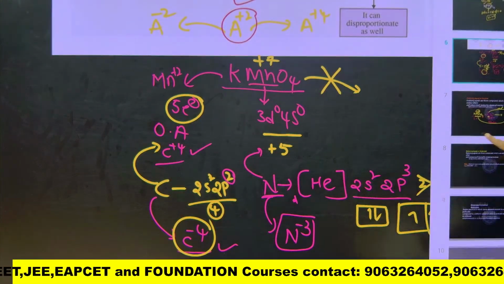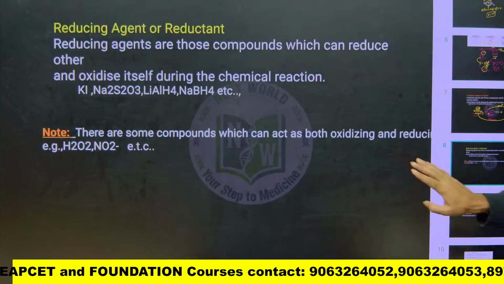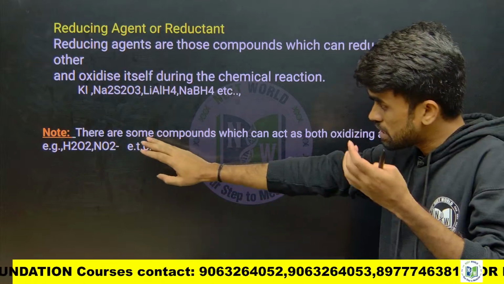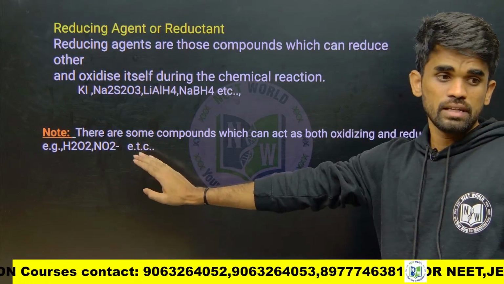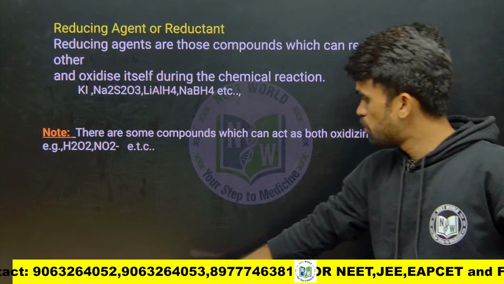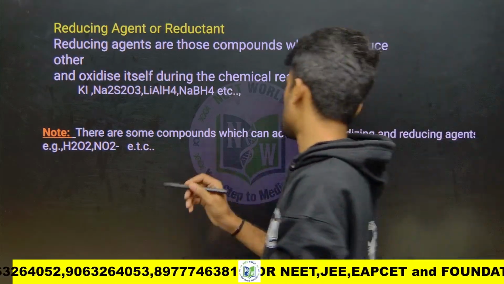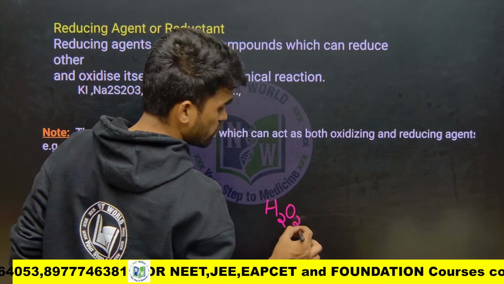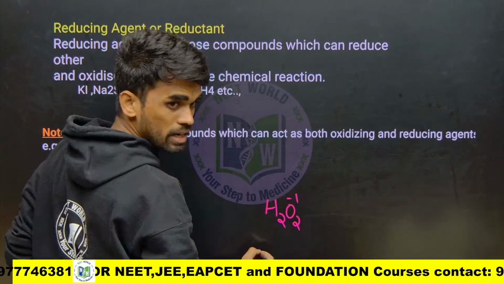No confusions? So this is the basic definition of a reducing agent. The note point I have told you: if the oxidation state of an element is intermediate, it can act as both oxidizing agent and reducing agent. See, for oxygen in H2O2, it is minus 1 here.